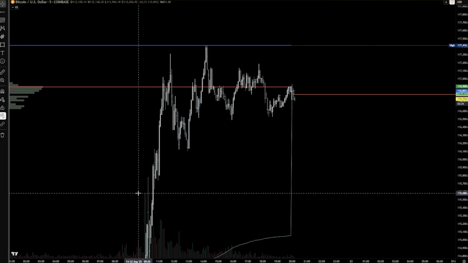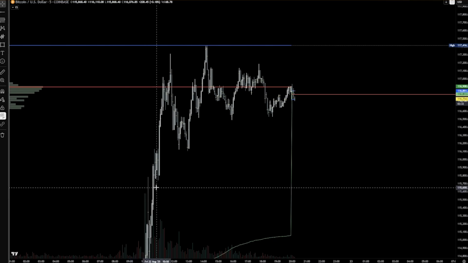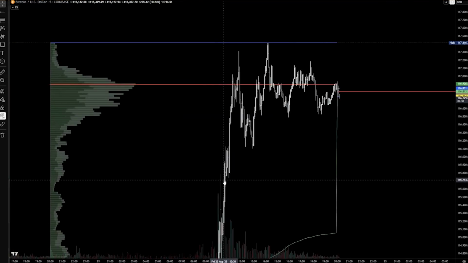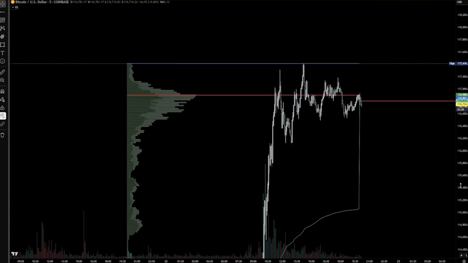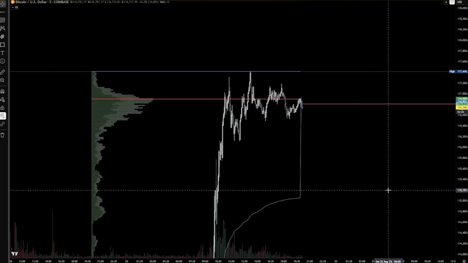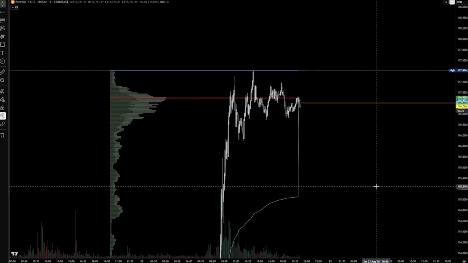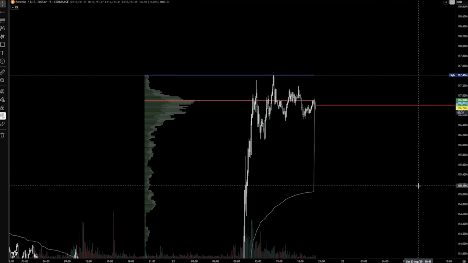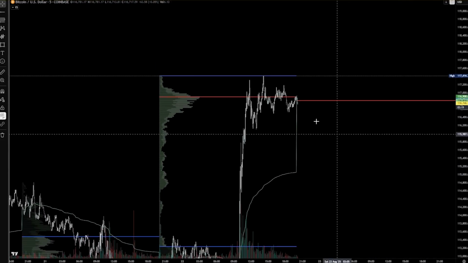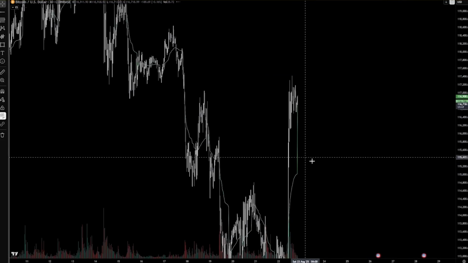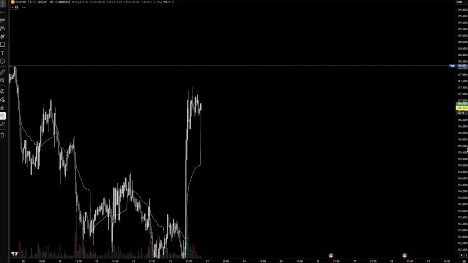Mandela, the best use case for your volume profiles is when we deviate from the value range, right? And accumulate outside of value and then dip our toes back in. What do you think about those? I like them. I like them a lot.